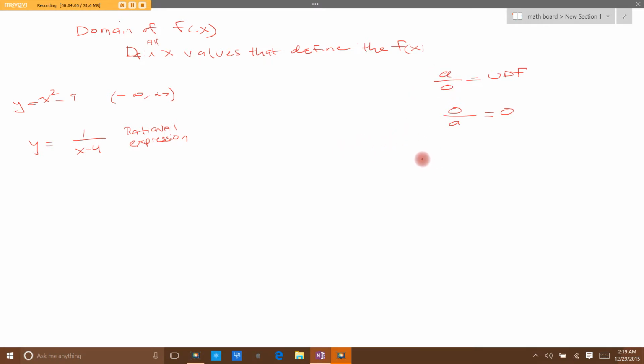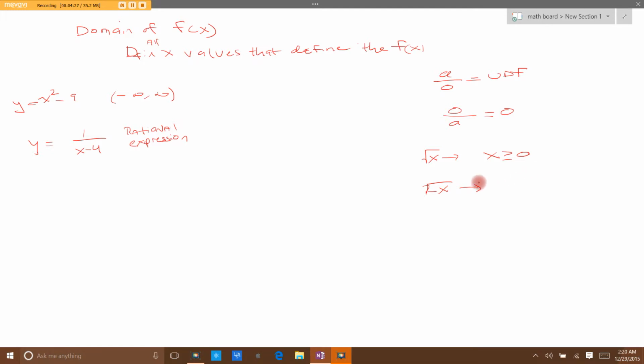Another case is with square roots, and you'll see this often. Anything under the square root has to be greater than or equal to 0, because you cannot introduce a negative. This is going to review and reinforce a concept that many of you learn later in the course.